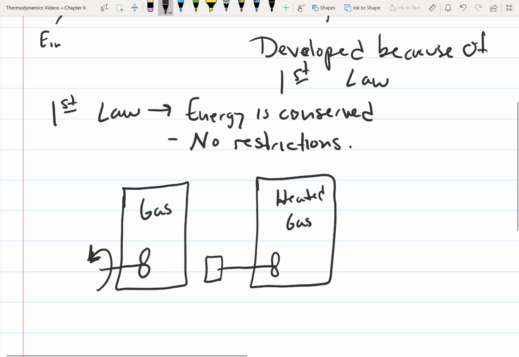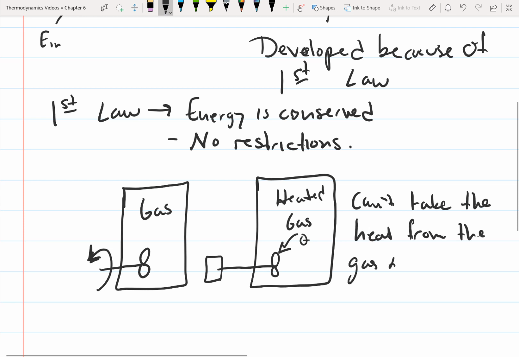Can we take the heat from this gas and use it to run that mixer and, say, generate electricity? Well, we know that we can't. We can't take the heat from the gas and run the mixer.